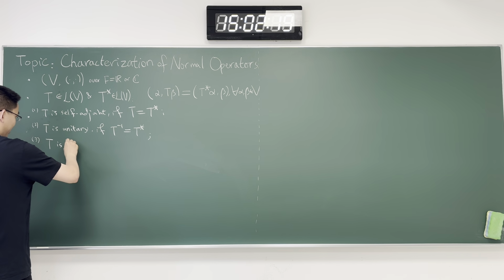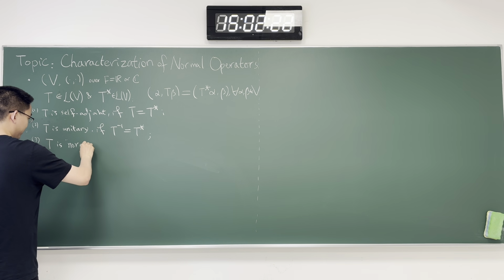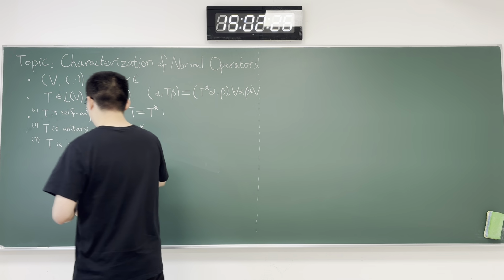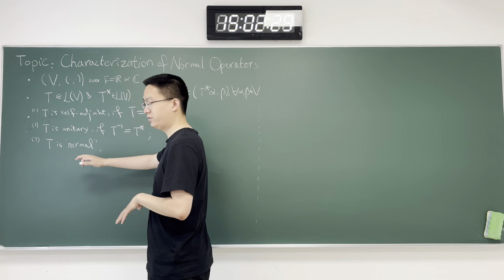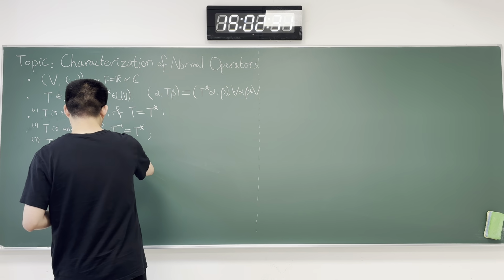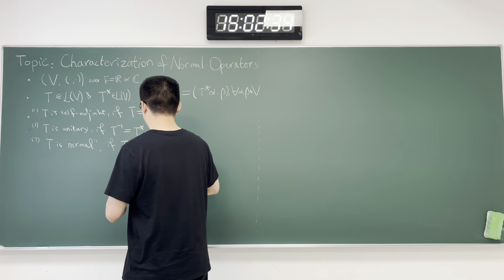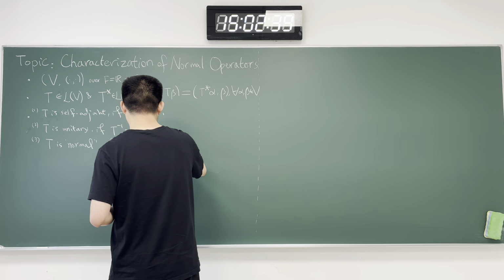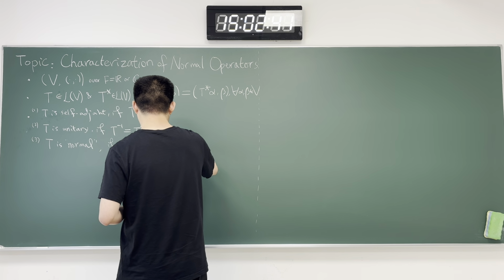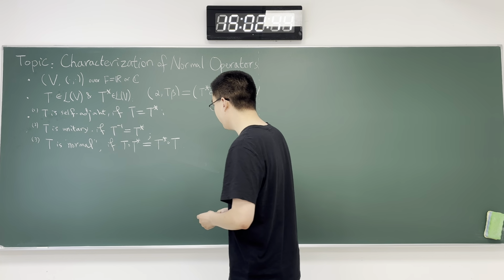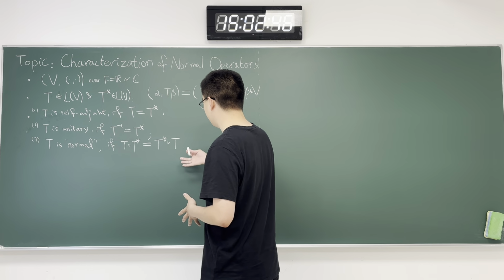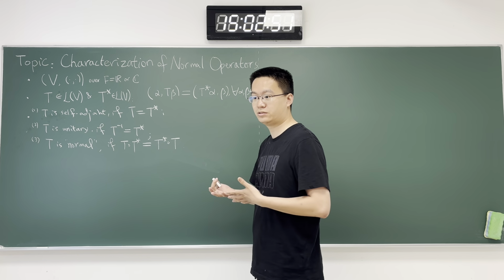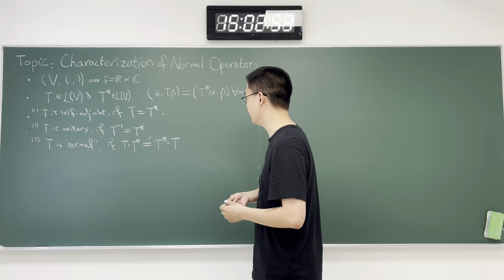Okay. I guess some of you may already be familiar with this notion. Let's call a linear transformation normal if T commutes with its adjoint. That is, the composition of T with T star just equals T star composed with T. This definition can be made either over the field of real numbers or over the field of complex numbers.